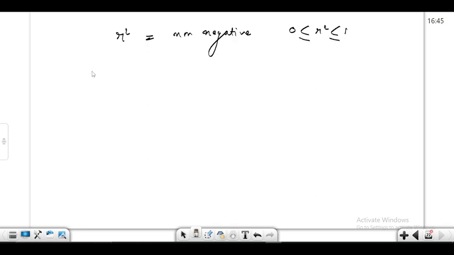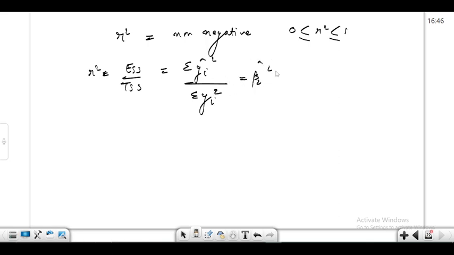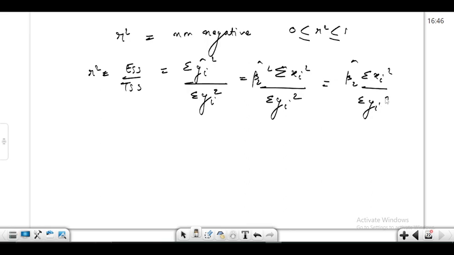R square can also be calculated by this method: ESS upon TSS, which is summation yi hat square upon summation yi square, which is equal to beta 2 hat square times summation xi square upon summation yi square.